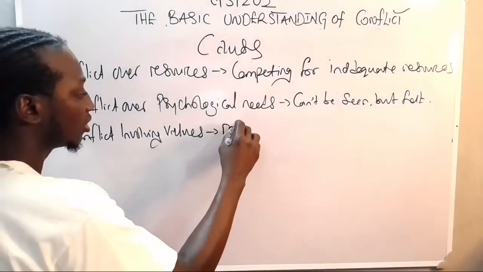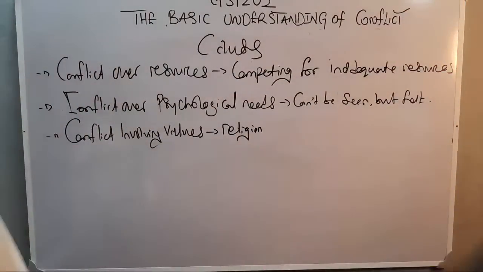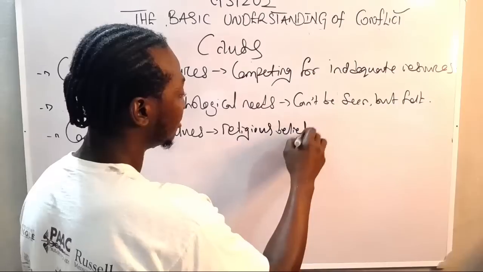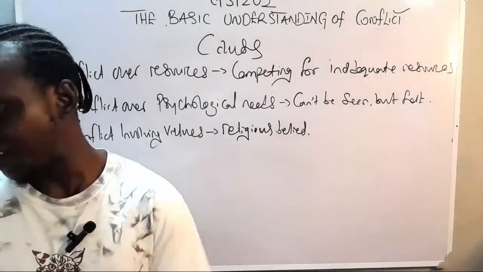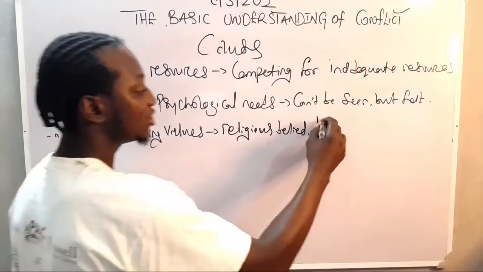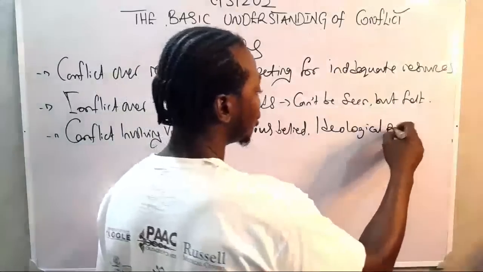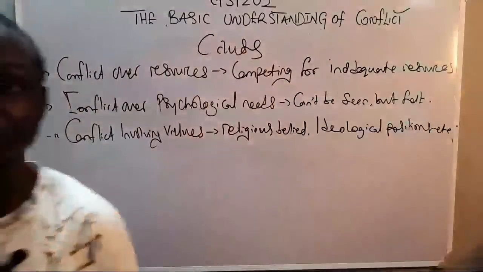This has to do with religion, with religious belief, most especially religious belief, and ideological position. My forefather said, "This is who we are." General worldview, ideological positions and so on. So very quickly, I think we're out of time.